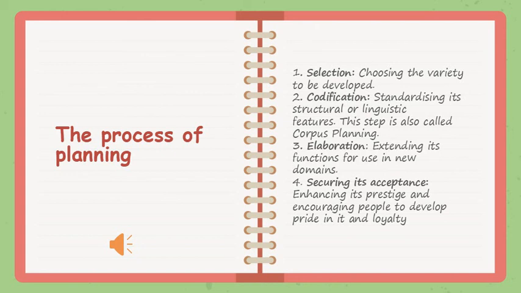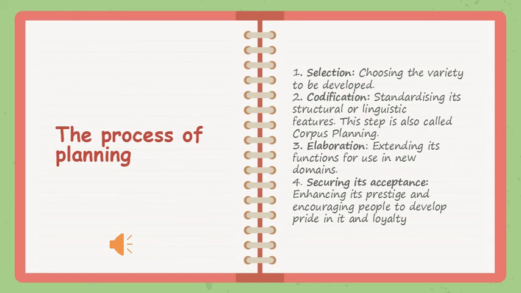The process of planning a language goes through four steps. The first step is selection. Selection is the process of choosing the variety to be developed. The second step, codification, is the process of standardizing its structural or linguistic features. This step is also called corpus planning.